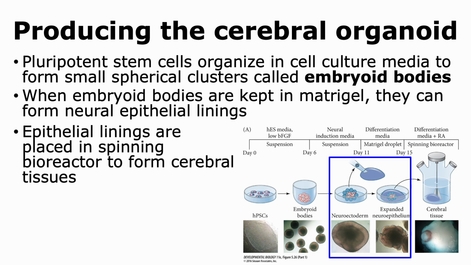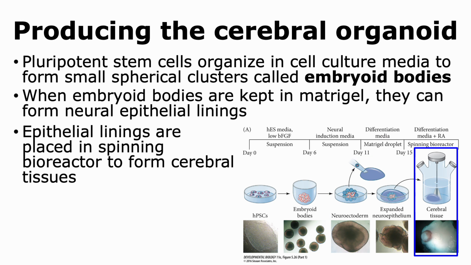Now, this expanded neuroepithelium was added into a spinning bioreactor, and this enhanced the nutrient uptake of the cell mass, and ultimately they were able to form cerebral tissues. Thus, this is a way that we can actually start forming tissues from the pluripotent stem cells.